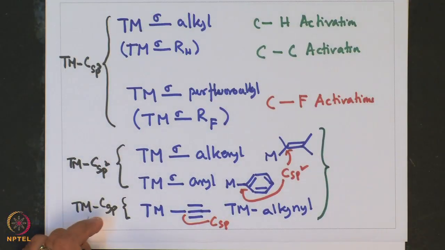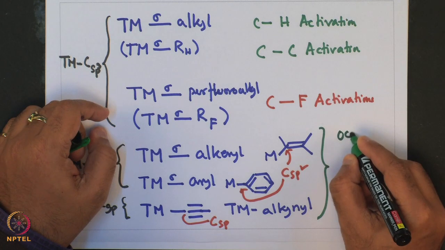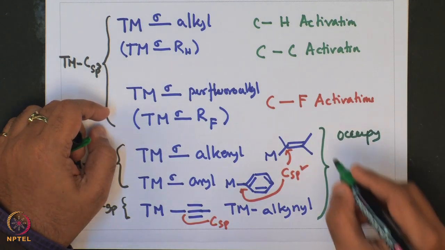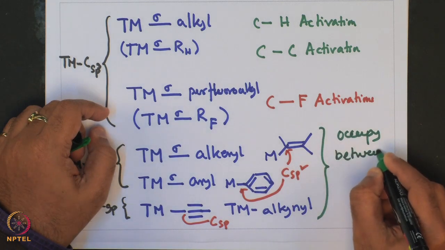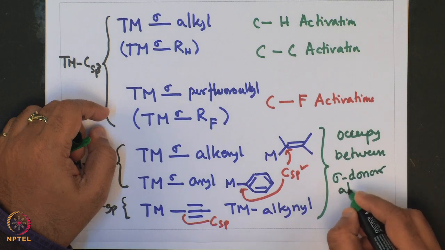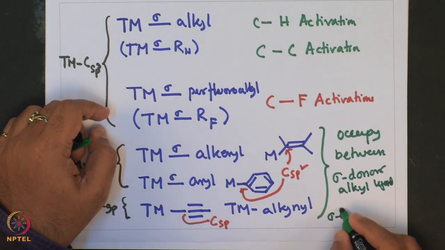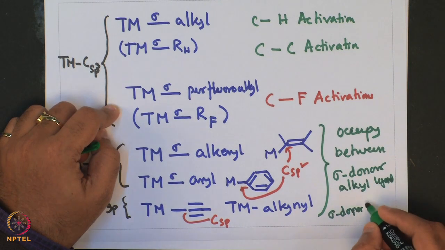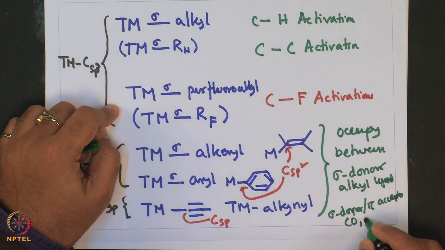As far as these ligands are concerned, this alkenyl, aryl, alkynyl, these ligands occupy an intermediate position between sigma donor alkyl ligands and sigma donor pi acceptor ligands, carbon monoxide, PR3 and RNC.